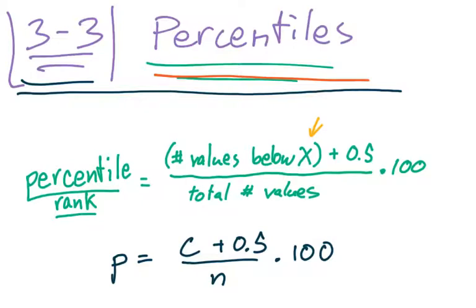That's a whole number, so we add a half to it. Then we have a decimal value, and we divide that by the total number of values in our data set, times 100. So I jotted this down as P equals C plus 0.5 divided by N, all times 100.